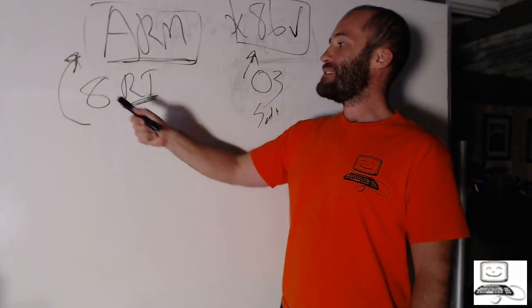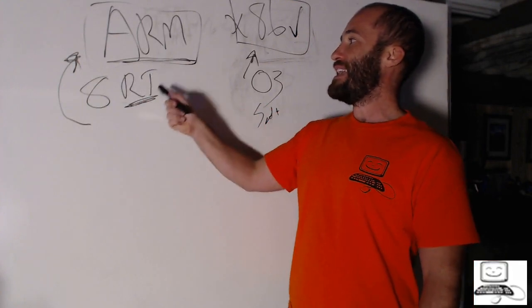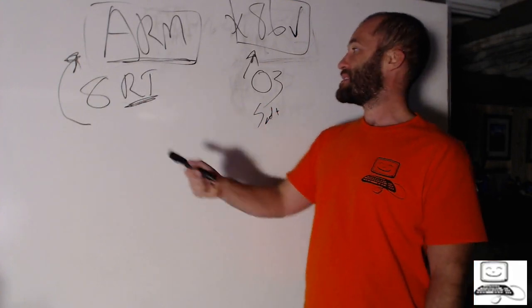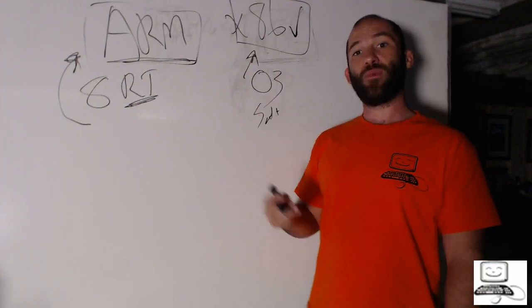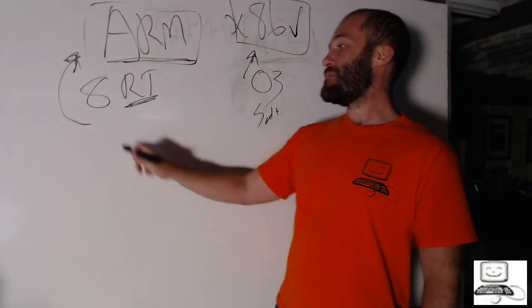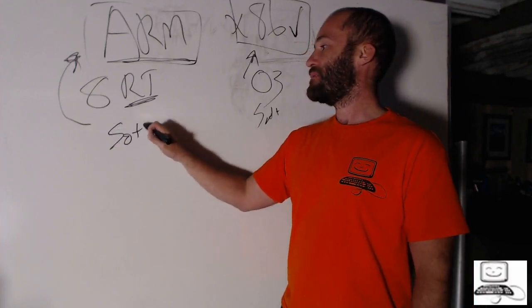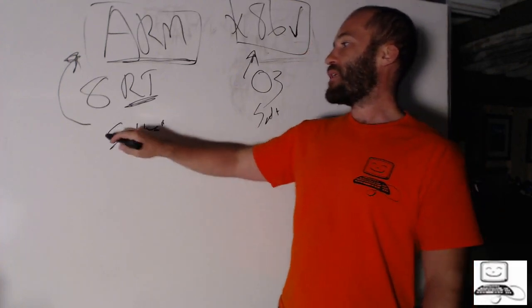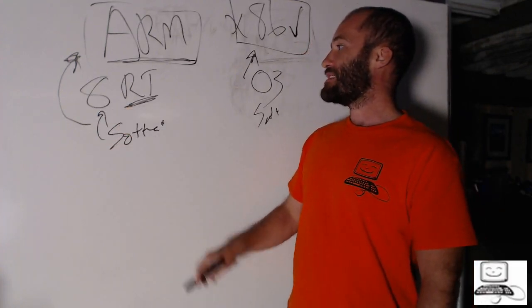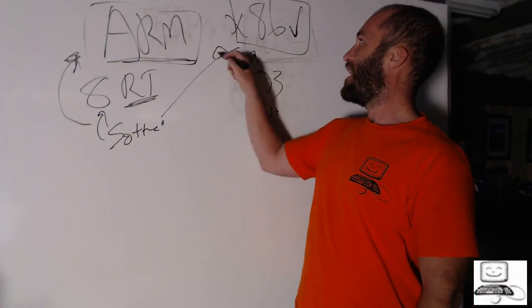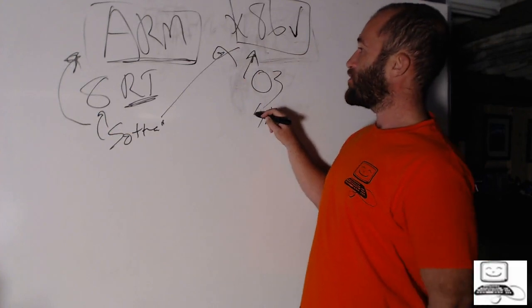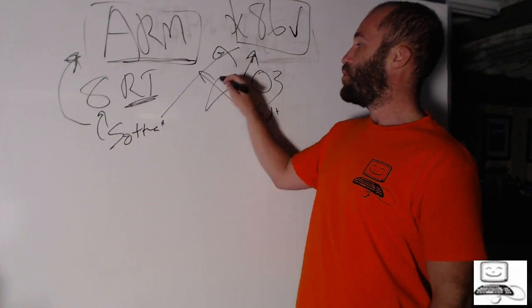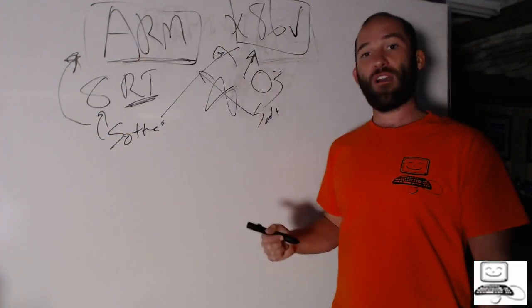What that means is that the Windows 8 RT is a different operating system than the Windows 8 that will go on the x86 tablets when they come out shortly. The problem then is the software. So the software that is written for Windows 8 RT is not going to work on the x86 processors, and the bigger point is the software written for the x86 processors will not work on the ARM processors.